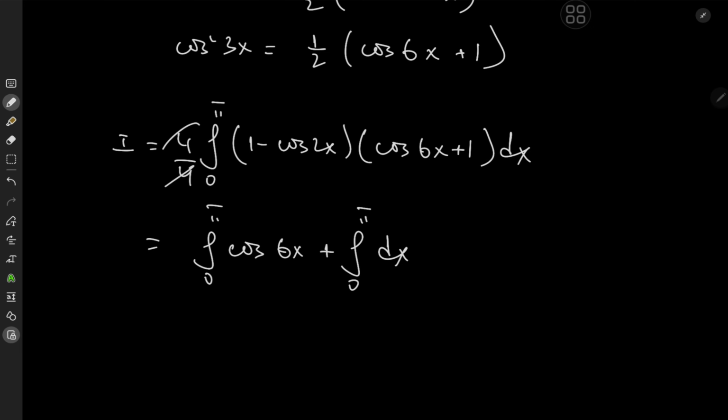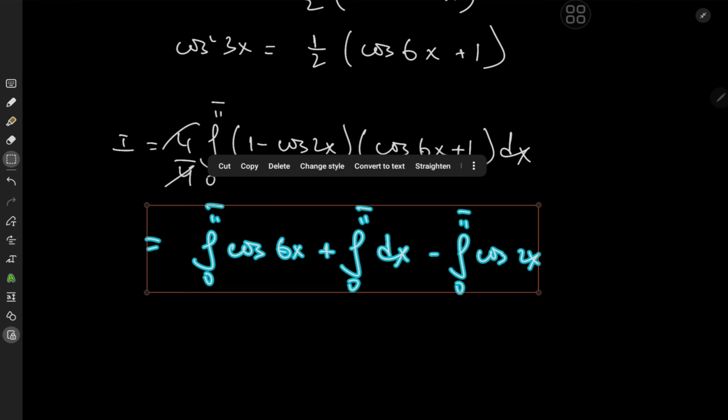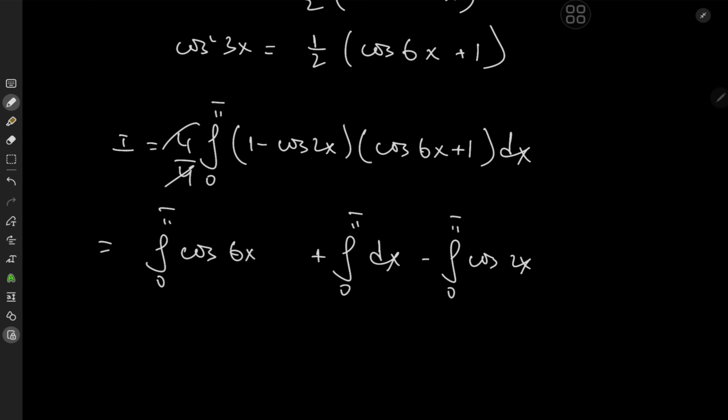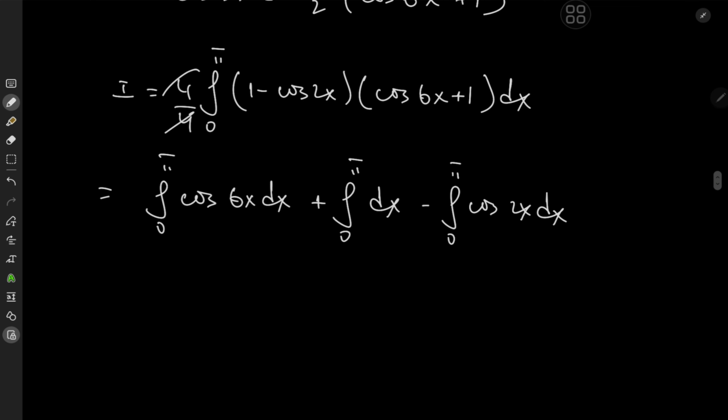So we have plus the integral from 0 to pi of dx, and of course we're left with minus the integral from 0 to pi of cosine 2x dx. Because I'm mentioning the dx at one place, I might as well just mention it everywhere. I know I'm known to omit this at times. Anyway, so we have negative this thing, and we're left with one more integral: minus the integral from 0 to pi of cosine 2x times cosine 6x dx.